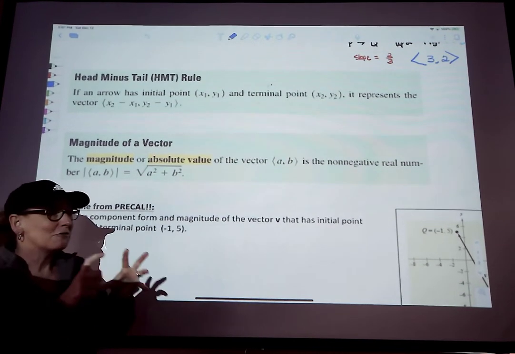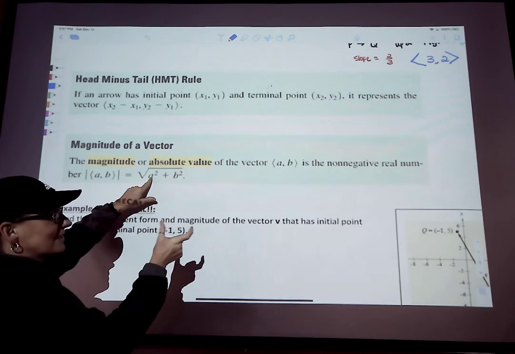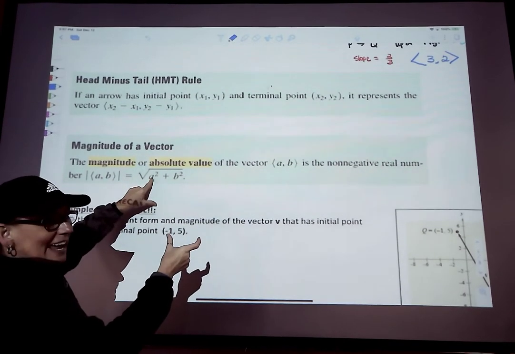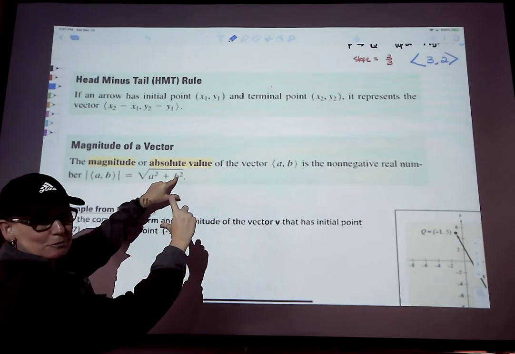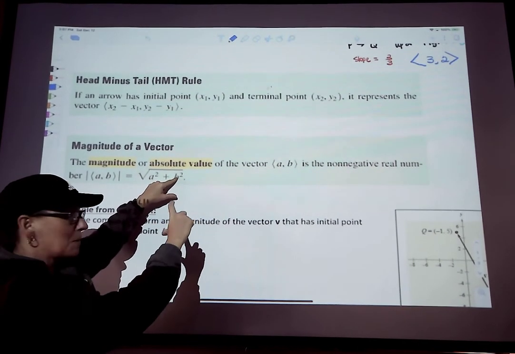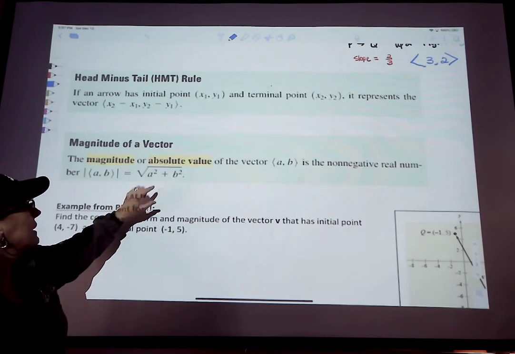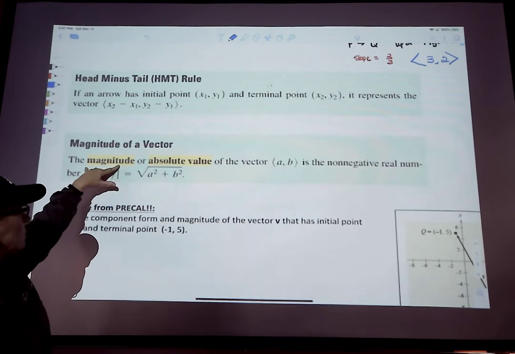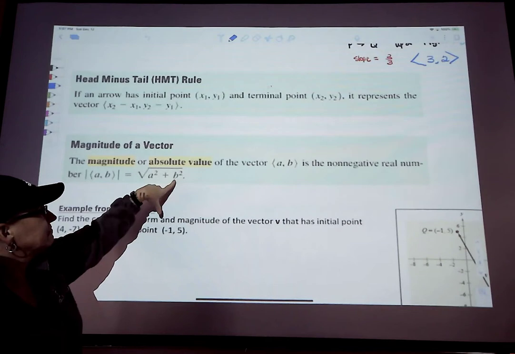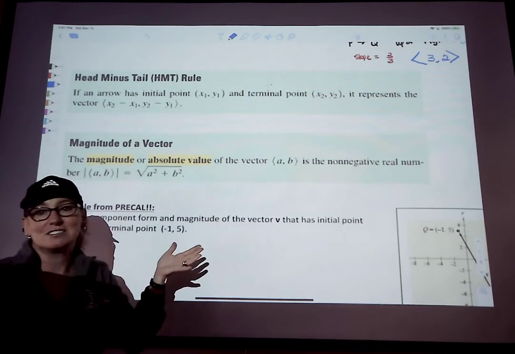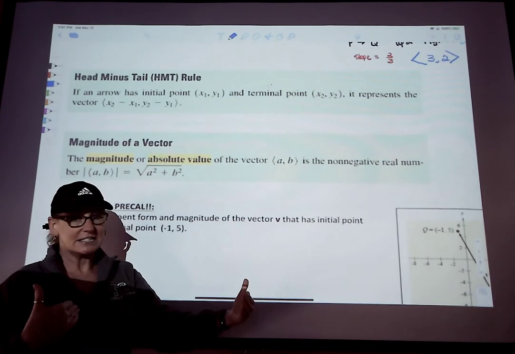This is just finding the length of a diagonal segment using its horizontal leg measurement and its vertical leg measurement. That's all it is. So for magnitude, we're always using the positive root, so it's like absolute valued. Magnitude is just the length of the segment. That is the vector.